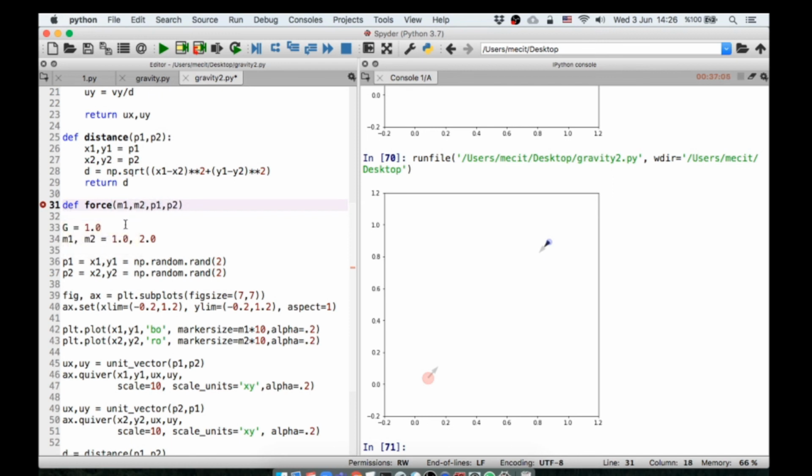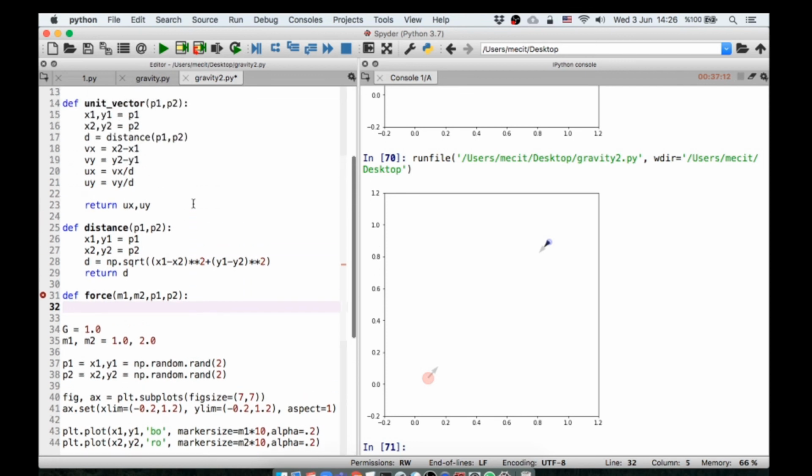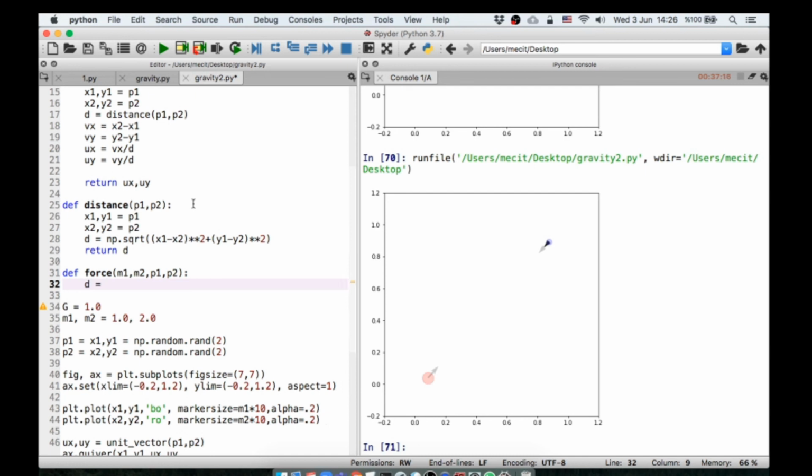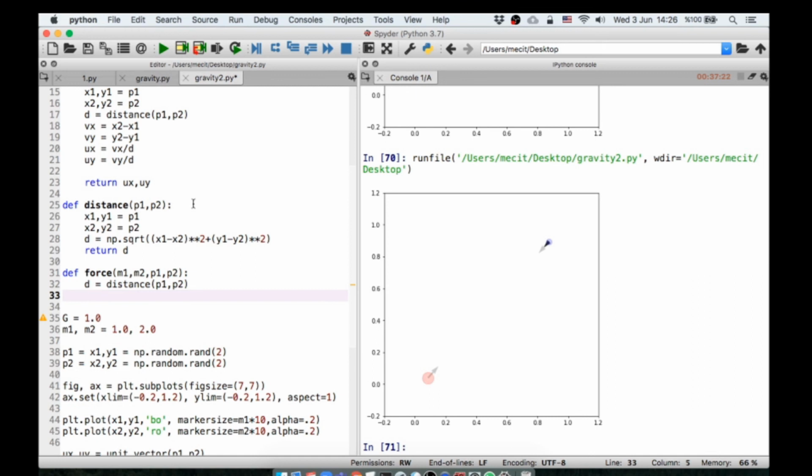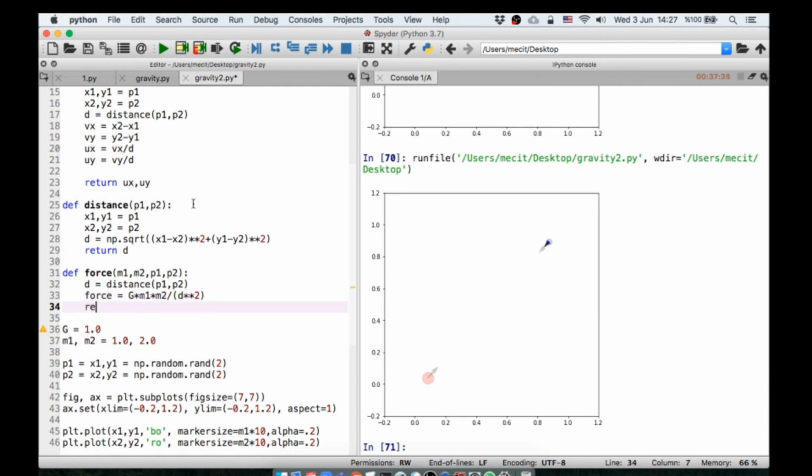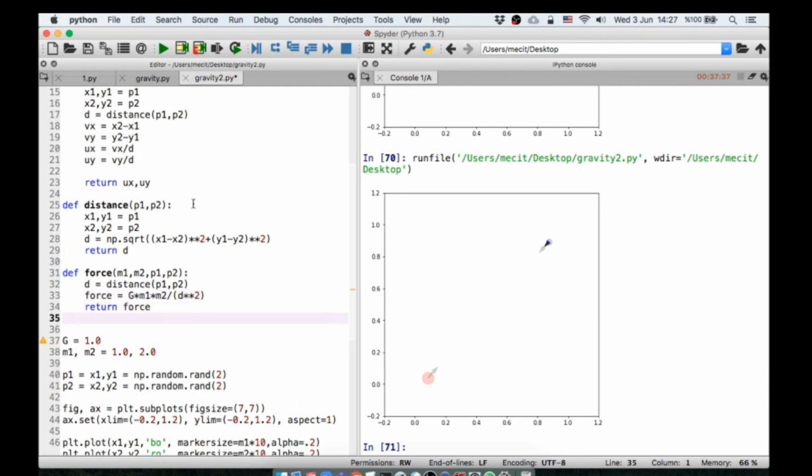What is the force between M1 and M2 at points P1 and P2? Therefore, I need the distance. Distance is distance P1, P2, and then the force is G, which is available to all the functions, over D squared. And then I can return the force.